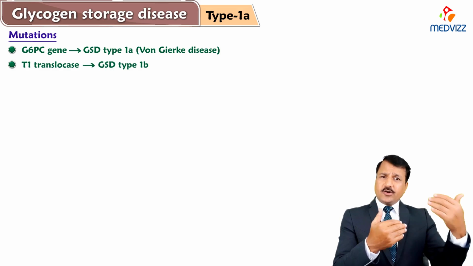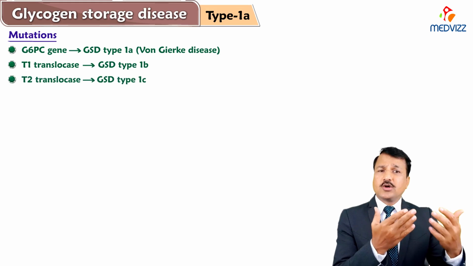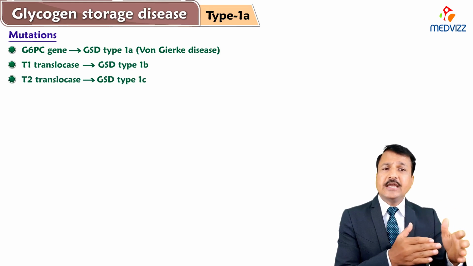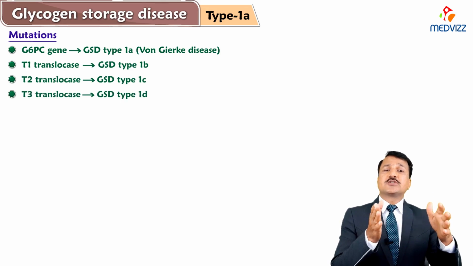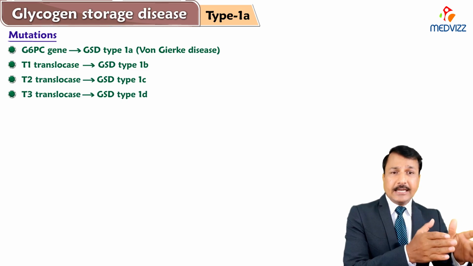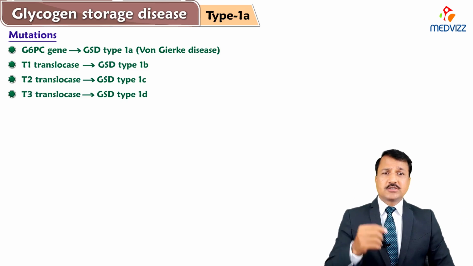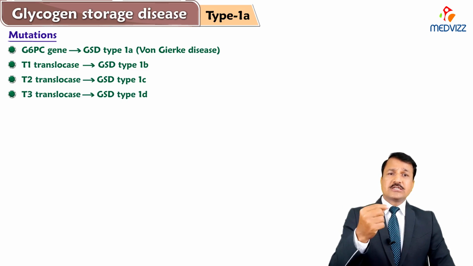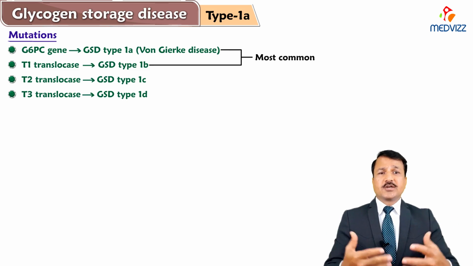Similarly, although very rare, a mutation in T2 translocase gives rise to type 1C, and a mutation in T3 translocase gives rise to type 1D. So there are 4 types of glycogen storage disorders: 1A, 1B, 1C and 1D. 1A and 1B are the most common ones mentioned in the books.